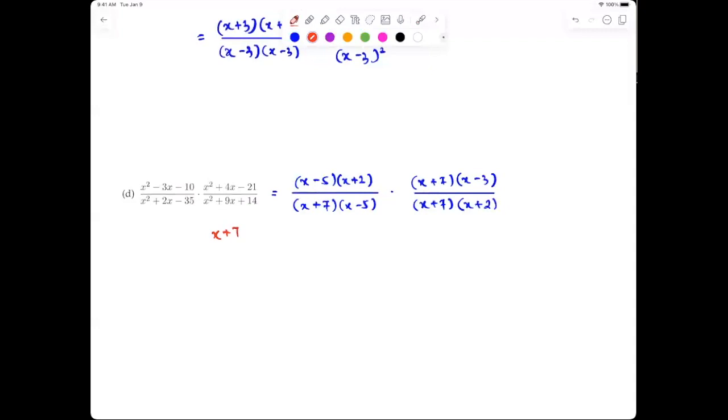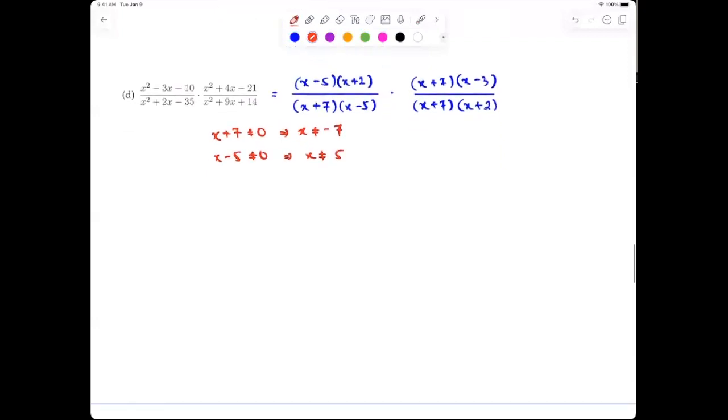So x plus 7 different from 0 implies x different from -7. x minus 5 different from 0 implies that x is different from 5. Then x plus 7 different from 0, but we got that already. So we're good. Then one more condition, x plus 2 different from 0 implies that x is different from -2.